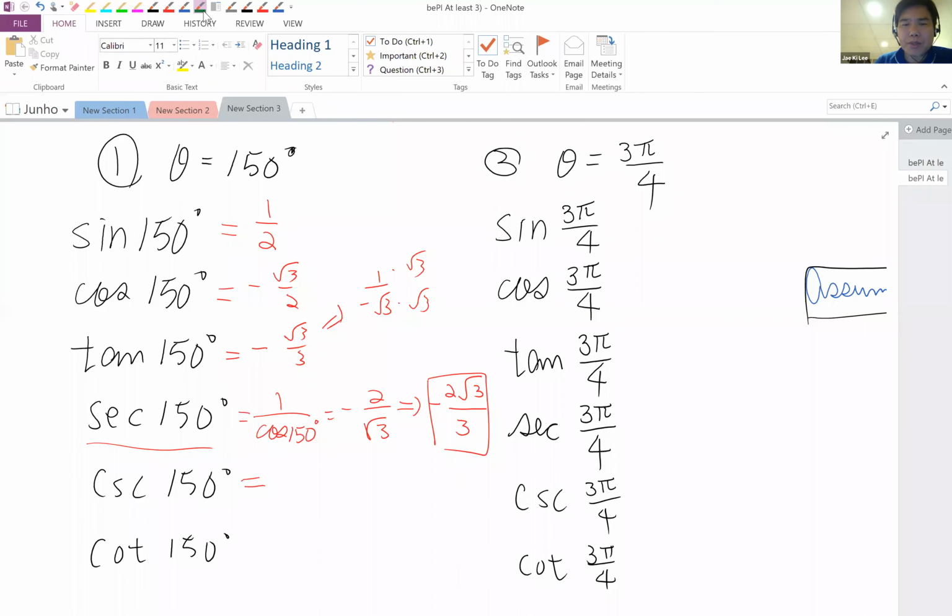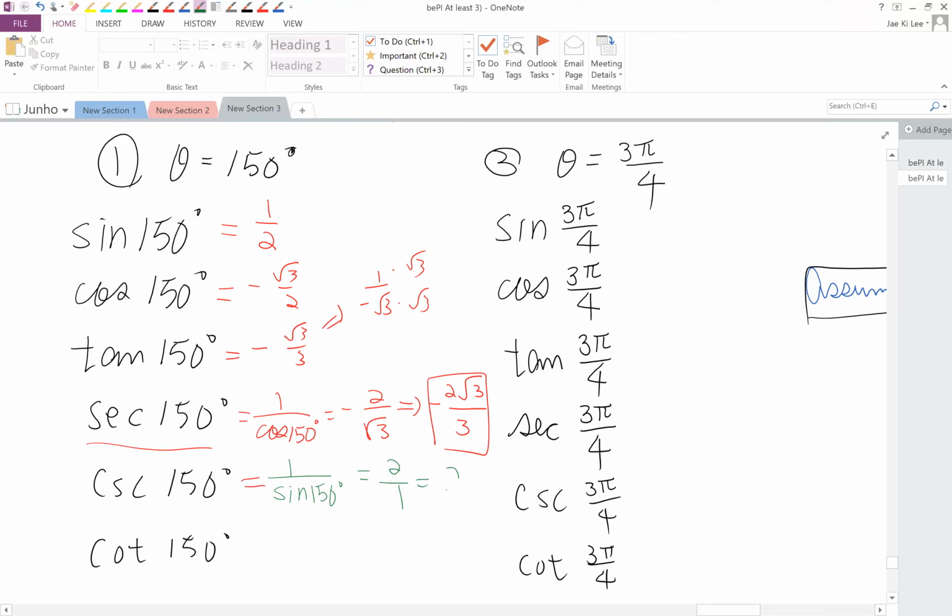Can you show your screen because I don't understand what you're talking about. Okay, never mind. So cosecant 150 means 1 over sine 150, right? It means 1 over 1 half, equal to 2.